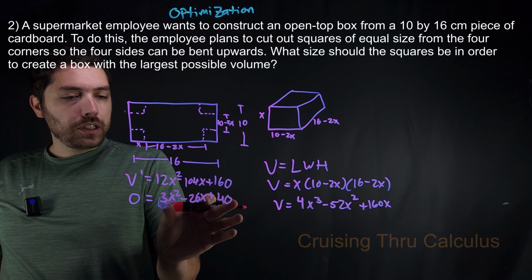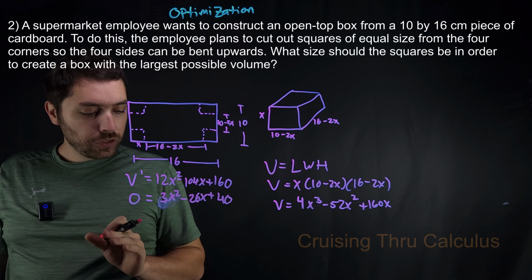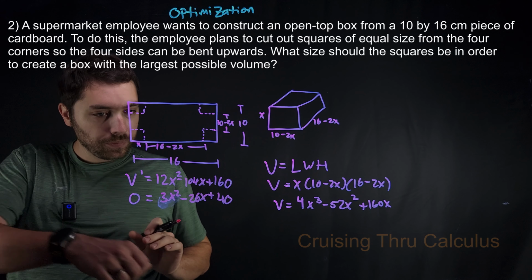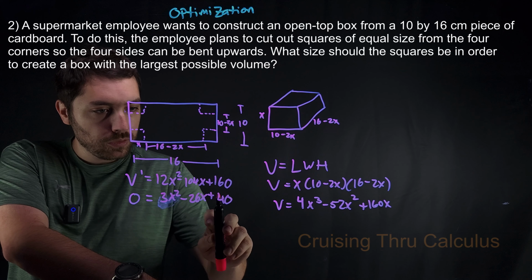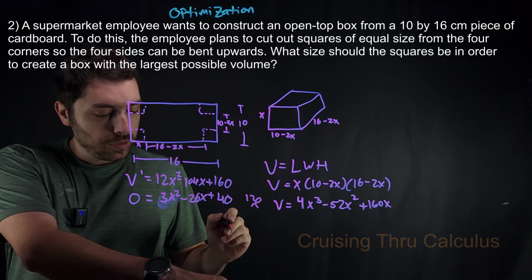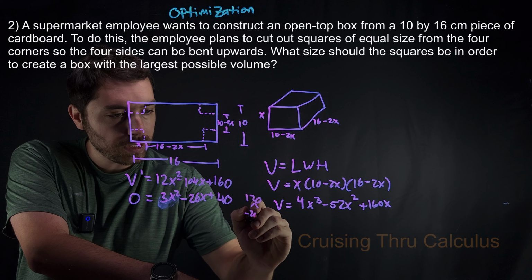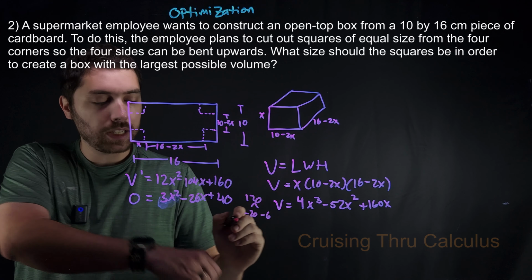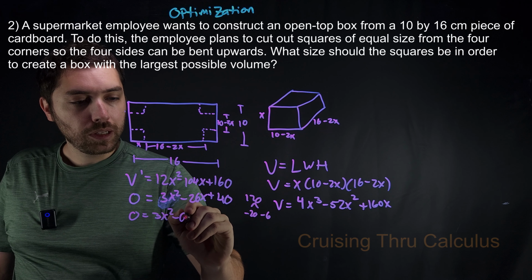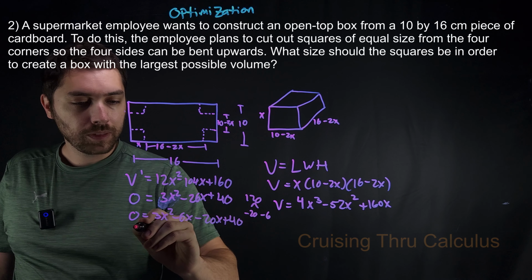All right, so now what we need to do is solve this. Now you can use the quadratic formula, but this is actually factorable, if you can believe it here. So if we do 3 times 40, that gives us 120. Now, what multiplies to 120 and adds to negative 26 is negative 20 and negative 6. So I'm going to take this and break it up. We're going to do 3x squared minus 6x minus 20x plus 40.